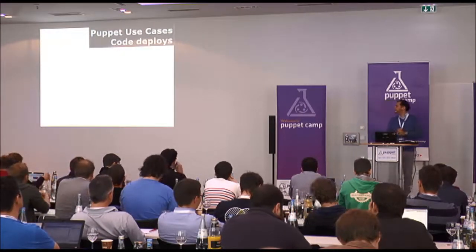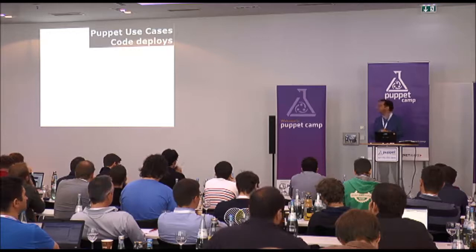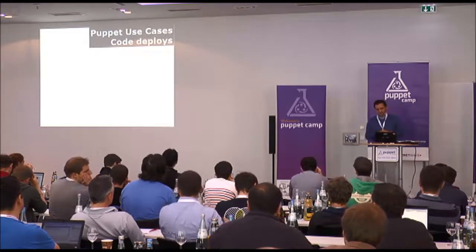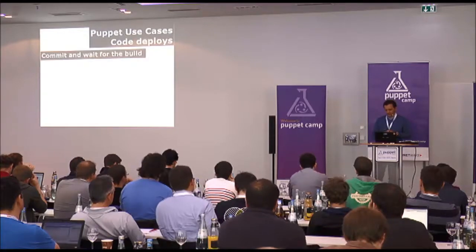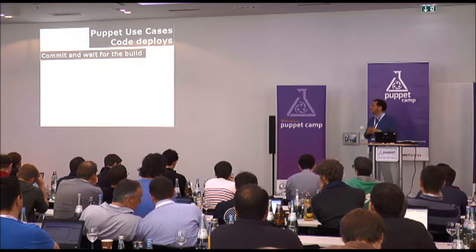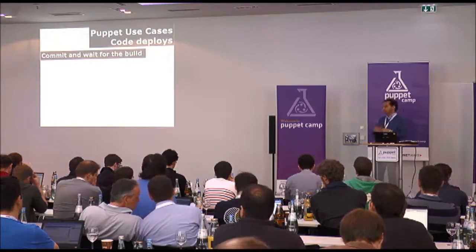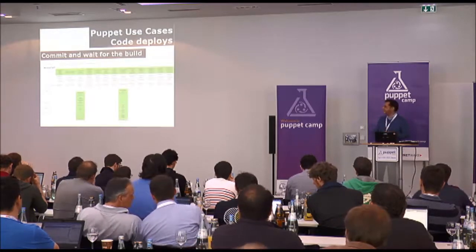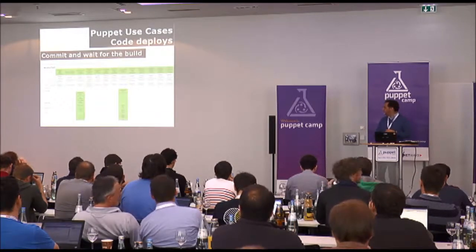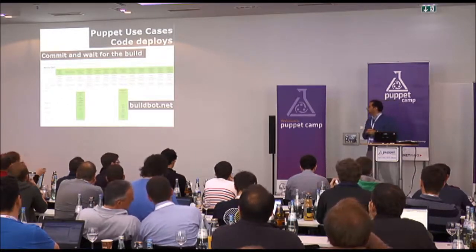Right. The next use case that I'd like to share with you is the code deploys. So this involves some in-house tooling, so that once someone commits, waits for the build. By the way, waiting for the build, we use BuildBot.